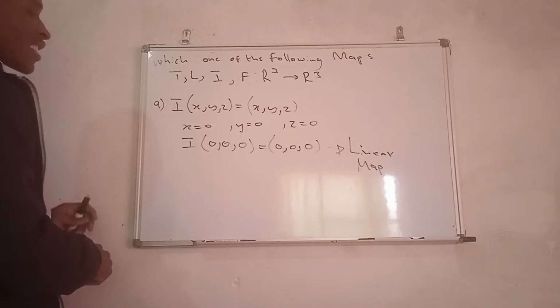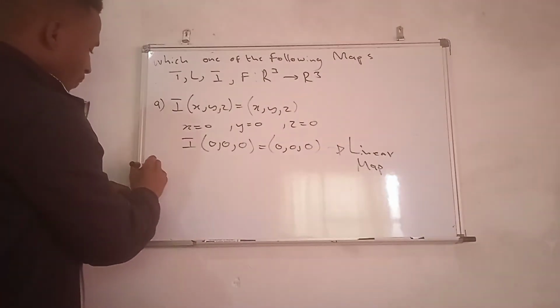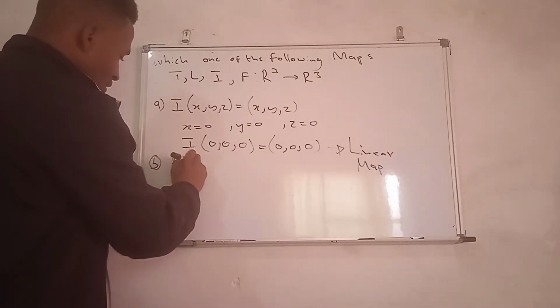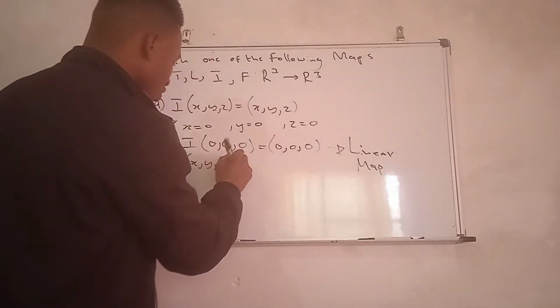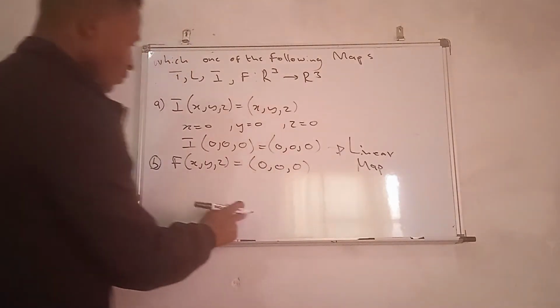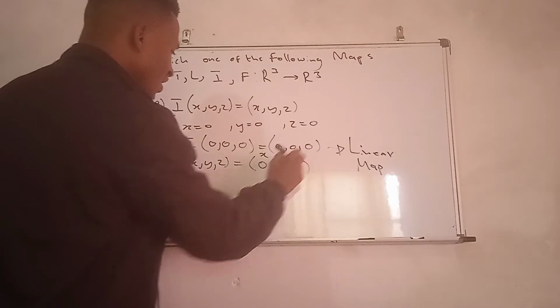So we can take a second condition. The second condition is B, which is F of (x, y, z) equals (0, 0, 0), whereby this is x and y and z.